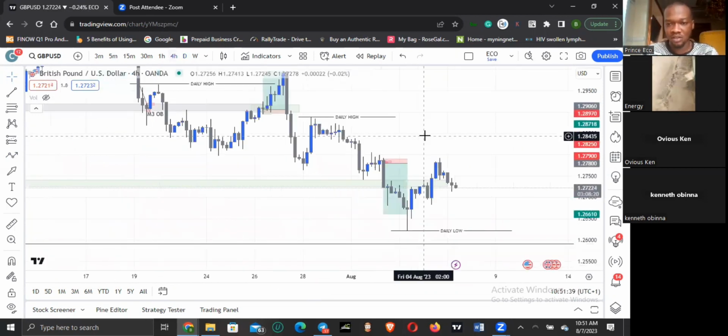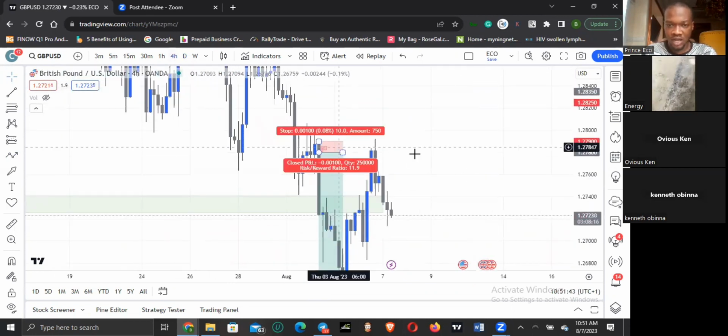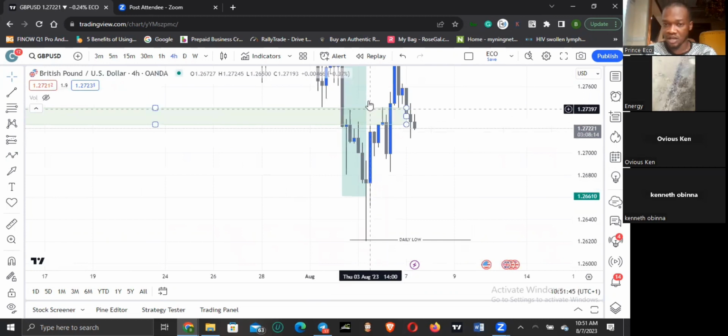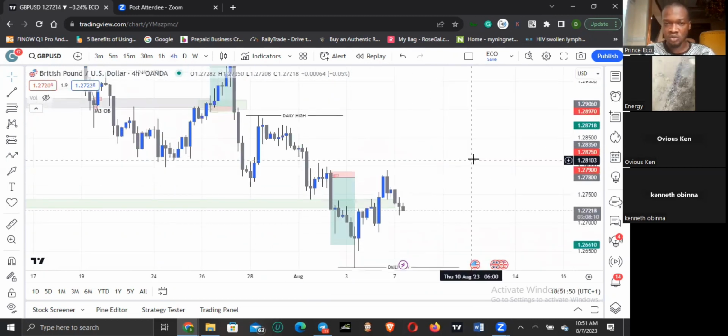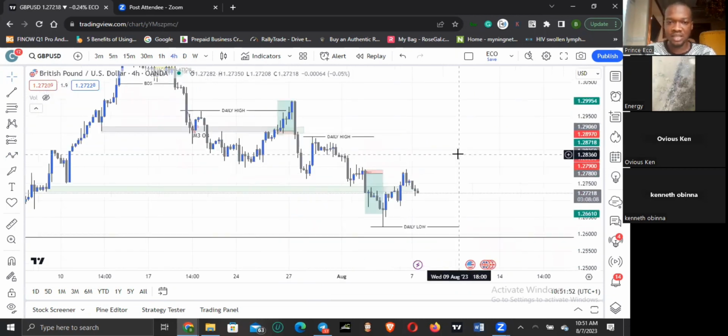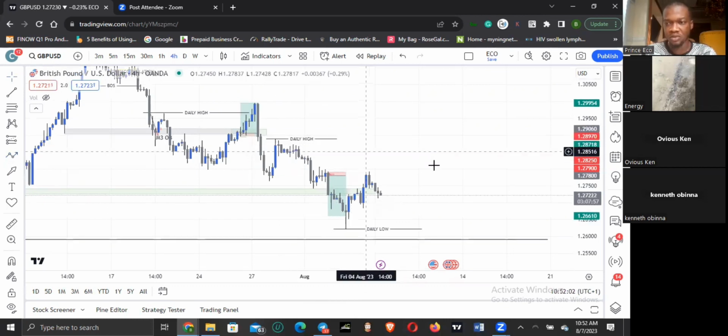Let's scale it down a little bit. This was for last week. I don't think I sent out this trade. I took it personally, I guess. So most likely I want to see the market either mitigate this point, either it takes out this downward liquidity, or it mitigates with this daily low and this daily high you can see here.